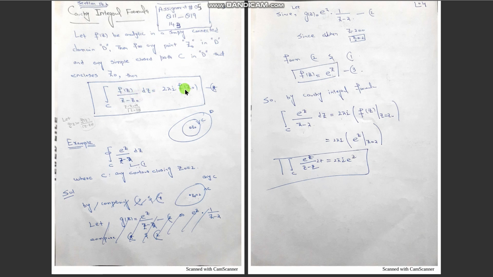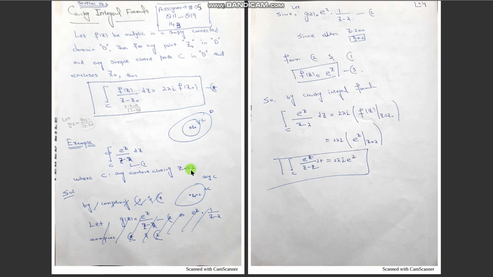For example, let there be a function e to the power z divided by z minus 2. This is the integrand, and we are going to calculate this integration along a curve C, where C is any closed contour enclosing z naught equal to 2.